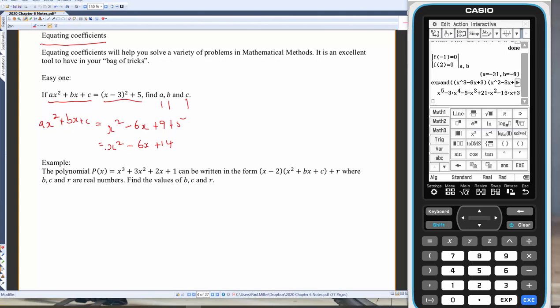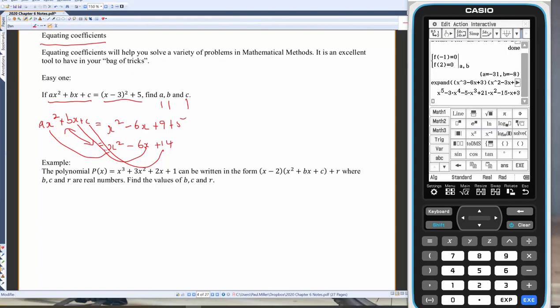Now notice that these two things are the same. That means I've got an x squared term and an x squared term, an x term and an x term, and a constant term and a constant term. So all I can do is link up these values with these coefficients, i.e. equate the coefficients.